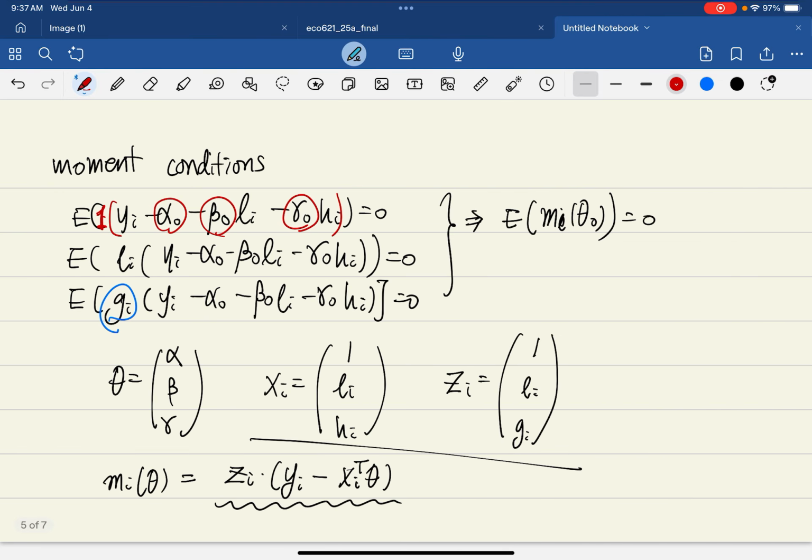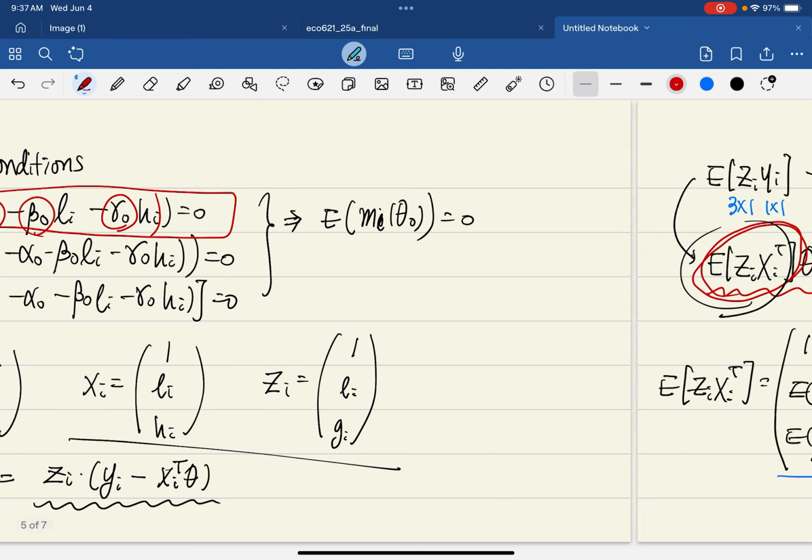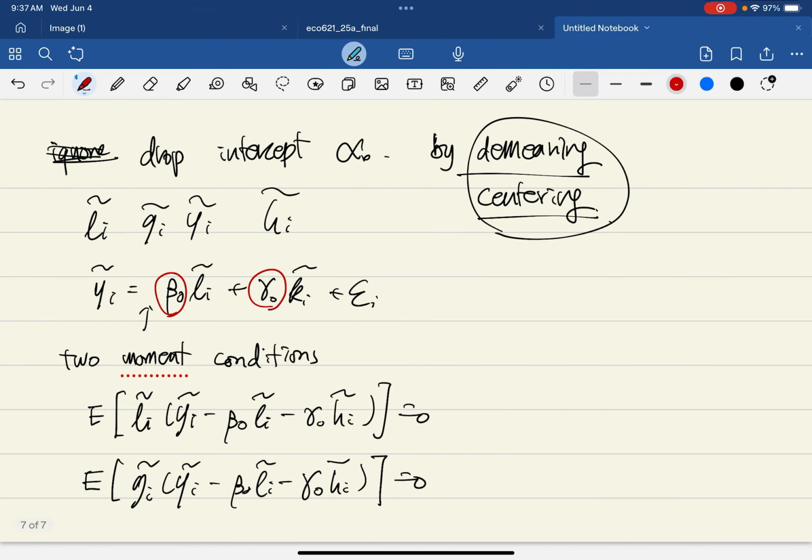In the previous moment conditions, the first one disappears because it uses the constant term as the instrument, but the purpose of this centering, this demeaning, is to remove all the constant terms, so it disappears, right? We only need these 2 conditions, and they are mathematically equivalent. We just cancel out one unknown by dropping one equation, right?